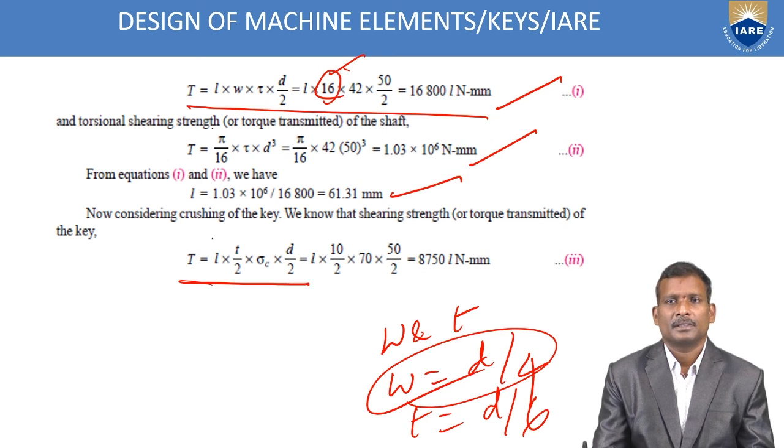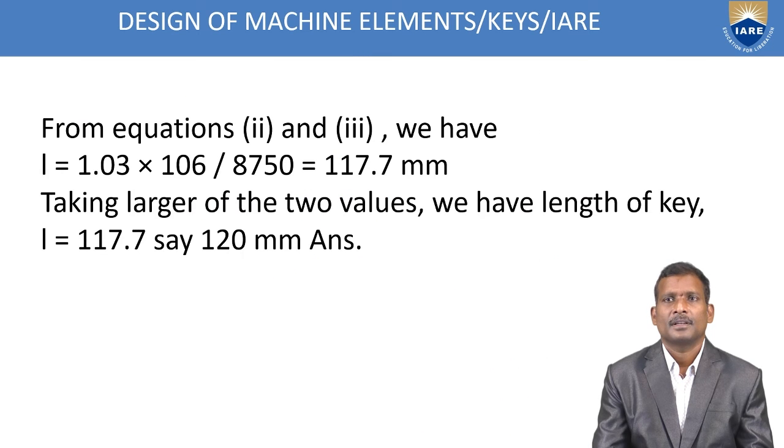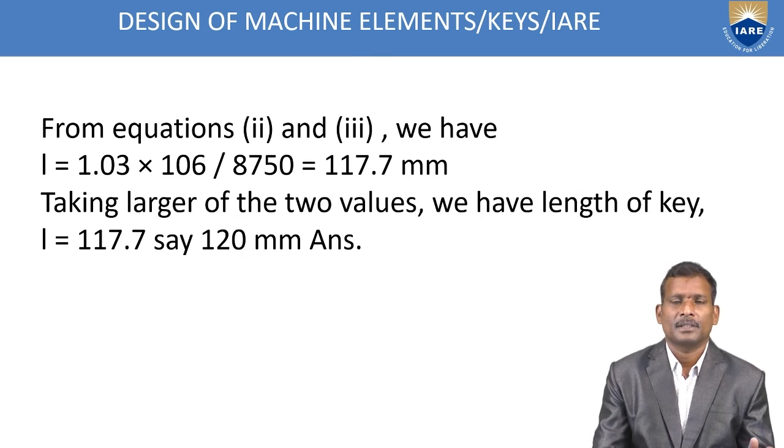So here thickness is 10 and sigma C is 70. Substitute those values and you will get the torque. From these two equations we have the L value, that is 117.7 mm.